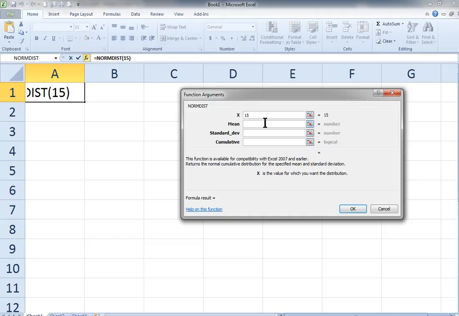And I'll say that the mean is located at 100, and the standard deviation is 10. And if I'm working with continuous numbers, I would say that this is true. Ooh, that's a very, very small number, isn't it? So how about 45? Does that help? Well, still, it's a percentage.